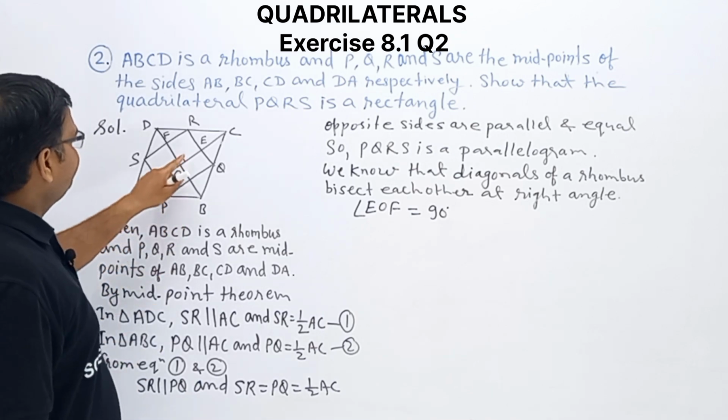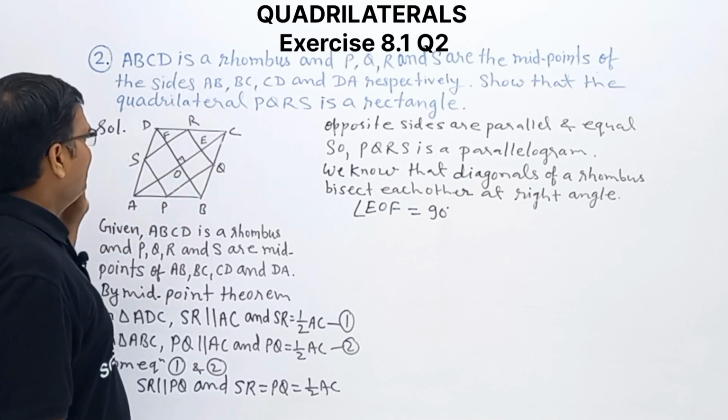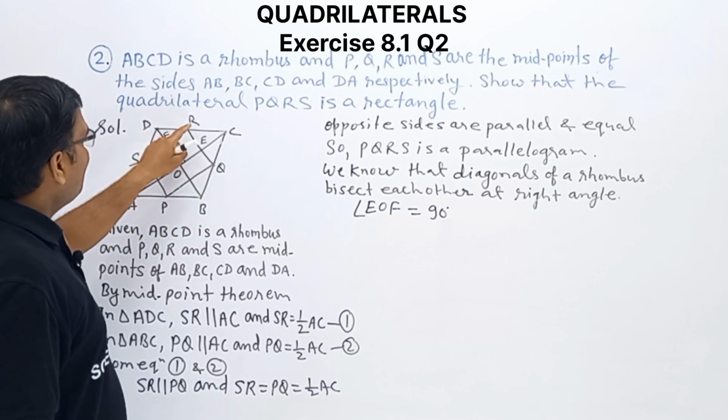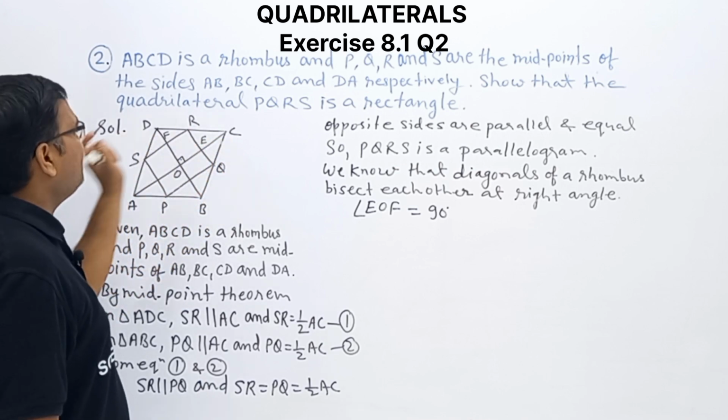Observe, in this triangle BCD, Q and R are midpoints of BC and CD.